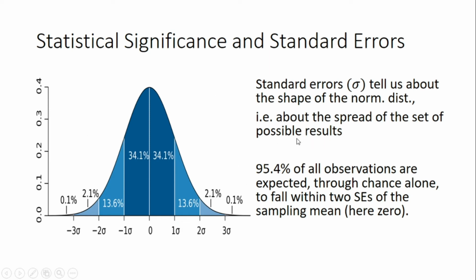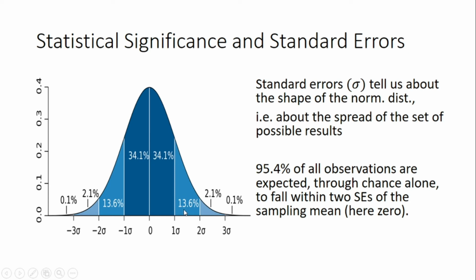Now, the standard error is simply a way of comparing between different distributions how far away these extreme values are. Between one standard error, we have around 68.2% of all observations, all estimates that we find, fall within these values.